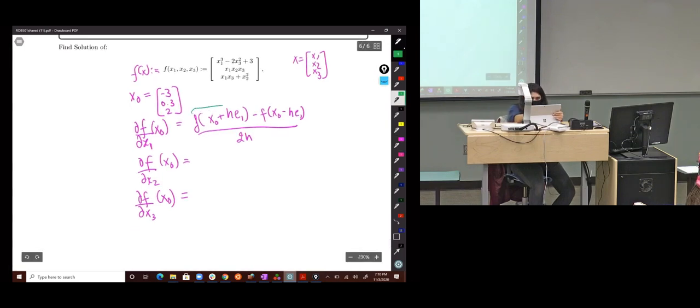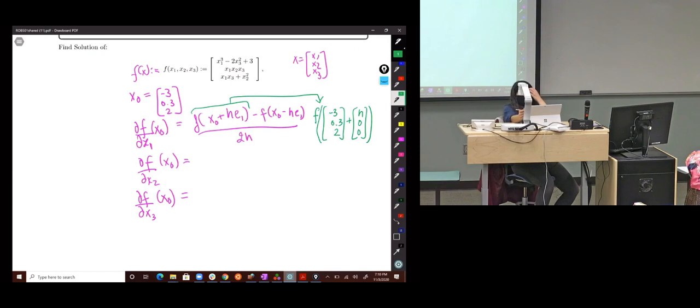So this thing right here, I'm going to write that down as f of x naught, so x naught is minus 3, 0.3, 2, plus h times e1, that becomes h. That's the first term.